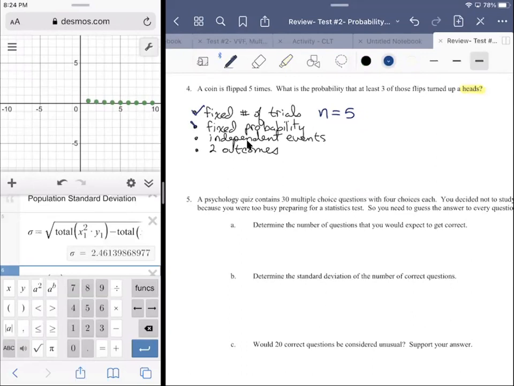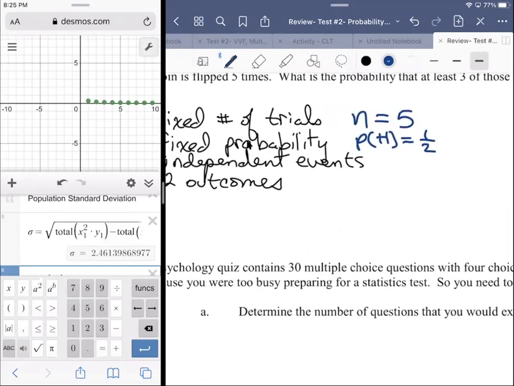Doesn't seem like it might be at first, but it is, because the probability of getting heads when you flip a coin is going to be 1/2, unless they said it was some kind of trick coin or something like that. But that's not what was said here. So the probability of getting a heads is going to be equal to 1/2. So we're good there.